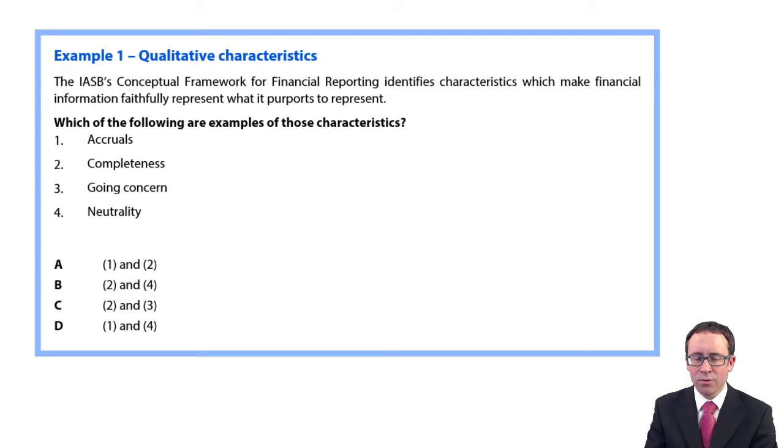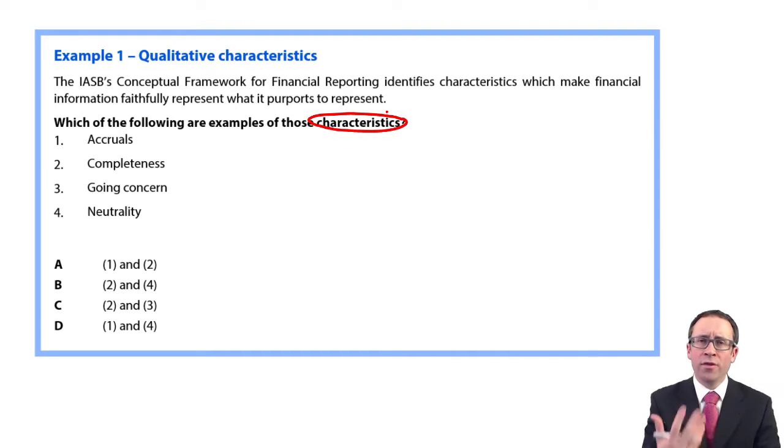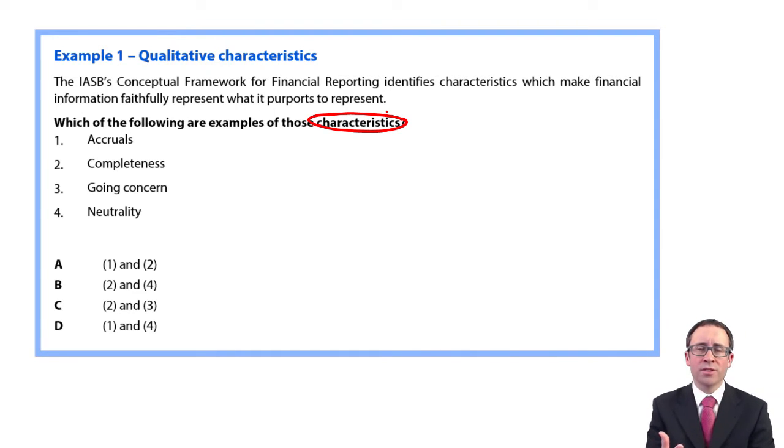So it says, read the bit in bold first. I always think that helps. Which of the following are examples of those characteristics? So what characteristics are we thinking of? We're thinking about the fundamental qualitative characteristics. So you can have the fundamental qualitative characteristics or the enhancing qualitative characteristics.